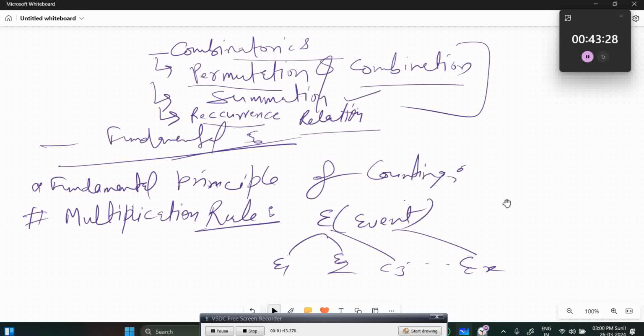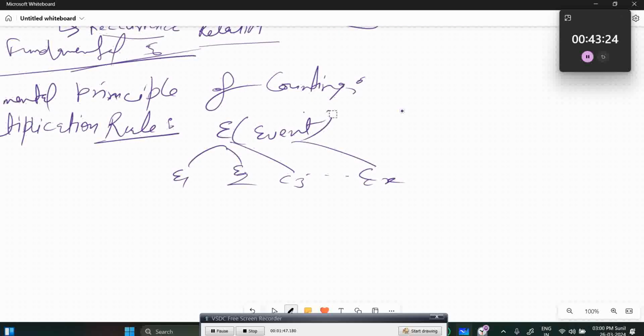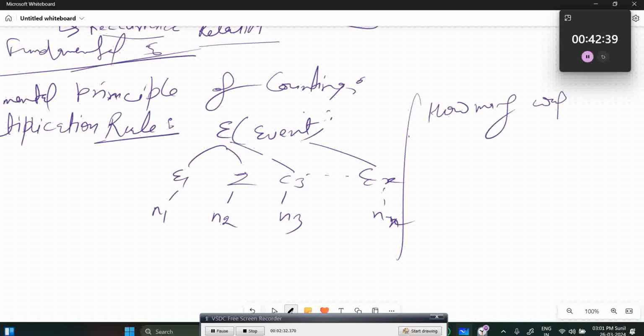So what is the multiplication rule? If there is an event E, and we can divide it into multiple events E1, E2, E3, E4, and so on up to En. If event E1 can be done in n1 ways, event E2 in n2 ways, event E3 in n3 ways, and event Ex in nx ways, then how many ways can we do event E?